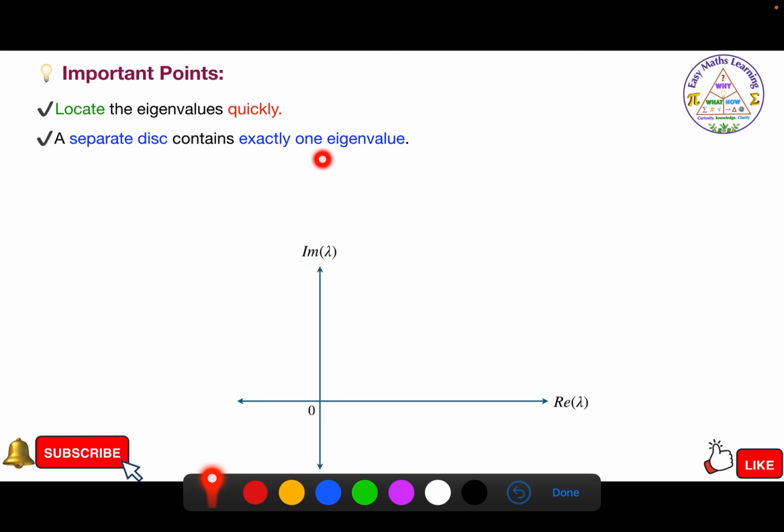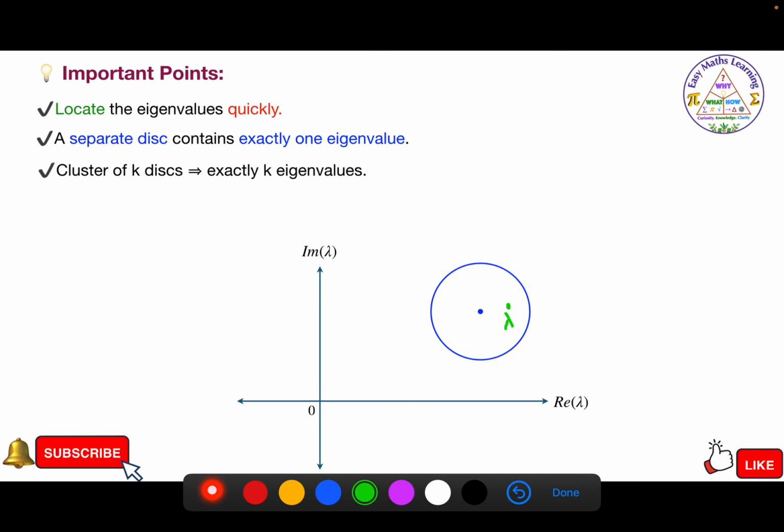Second, a separate disk contains exactly one eigenvalue. Means if a disk does not overlap with others, it contains exactly one eigenvalue. You can see here this is the separate disk, so definitely it will have exactly one eigenvalue only.